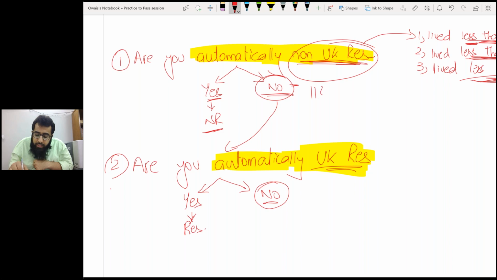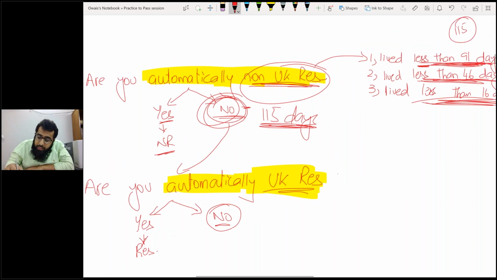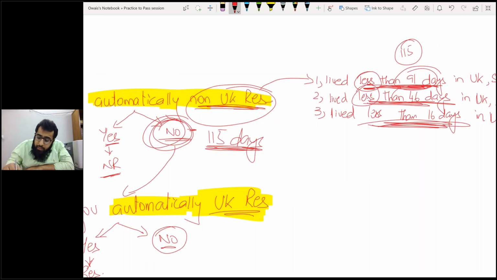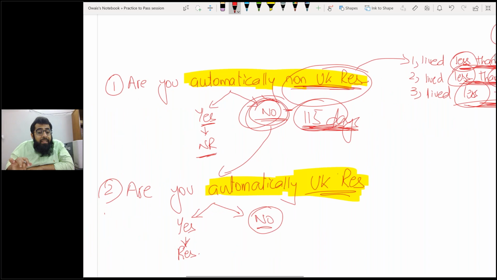No, because I lived for 115 days. For non-UK residents, I had to live less than 91, less than 46, and less than 16. How many days did I live? I lived for 115. So I'm not non-UK resident.